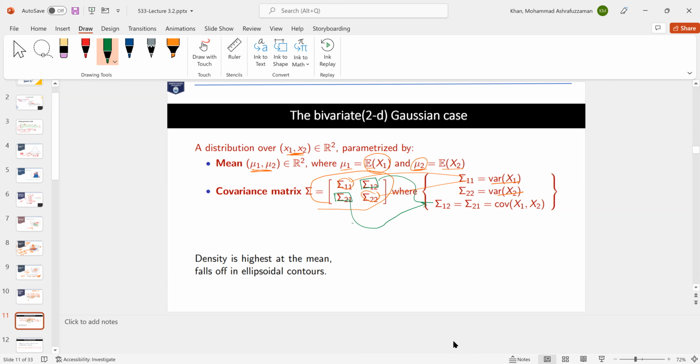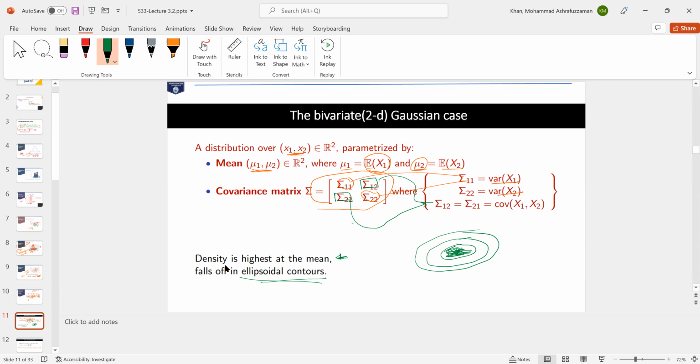And density is highest at the mean, and it falls off in ellipsoidal contours. So that's why we saw a plot like this. Most of the densities are around the mean values.